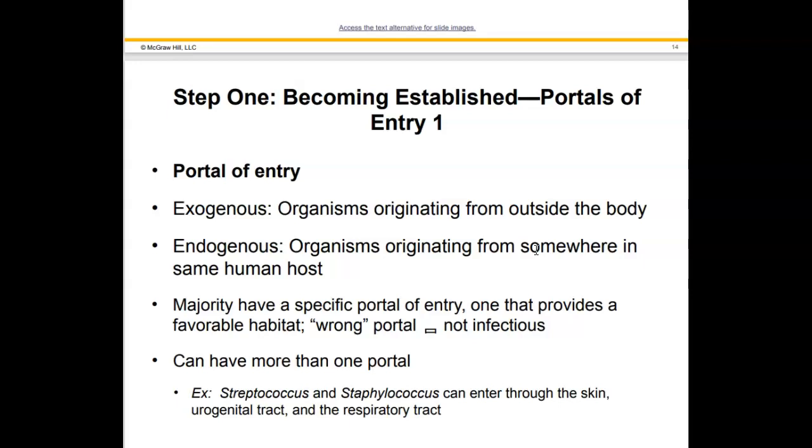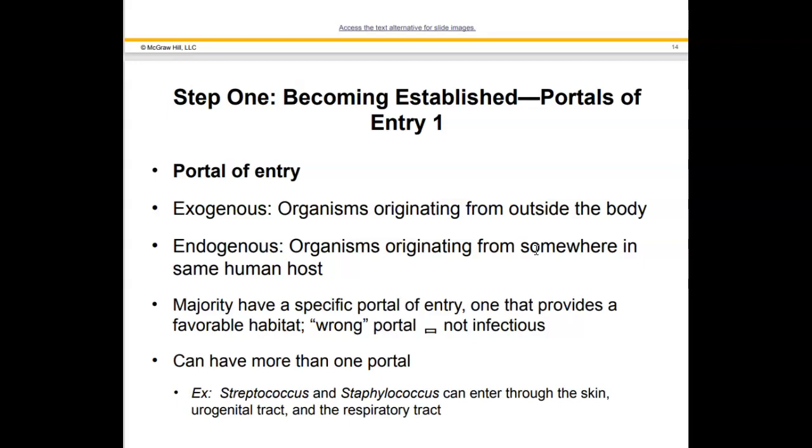So we can talk about Bacillus anthracis, which can enter the skin through what's called cutaneous anthrax. So anthracis refers to anthrax. Bacillus anthracis is the bacteria that causes anthrax, and it can enter through the skin and cause cutaneous anthrax, or it could enter through your respiratory tract or gain access into your gastrointestinal tract if you were to ingest it.